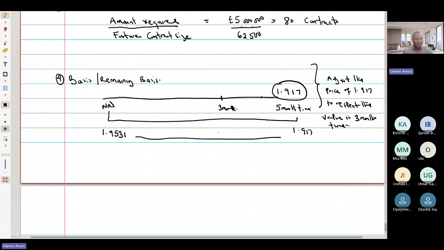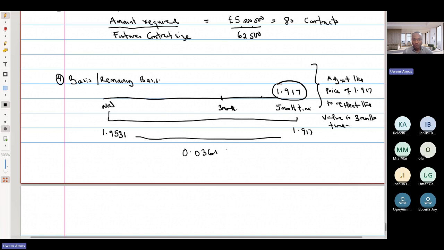Sorry, let me take that again. 1.9531 minus 1.917. The difference is 0.0361.